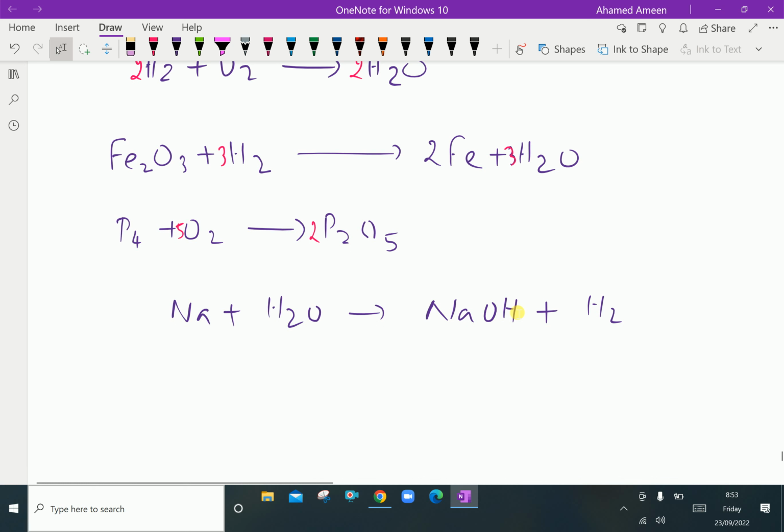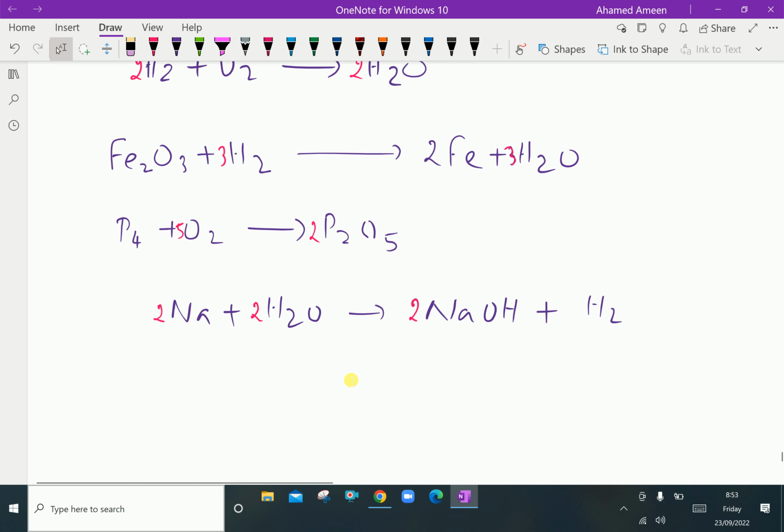So you have to put first 2 Na, that means 2 Na here, and at the same time here O is 2, H is 4. Suppose we put 2 here, it's easily balanced.